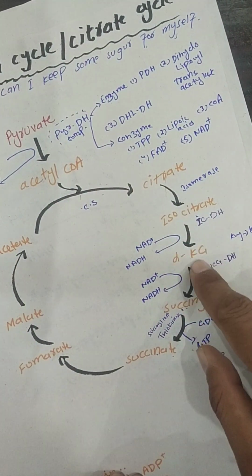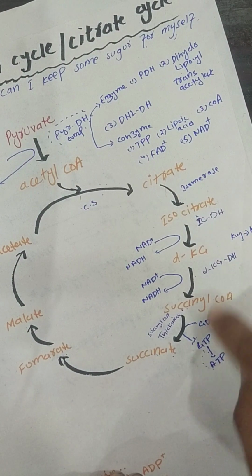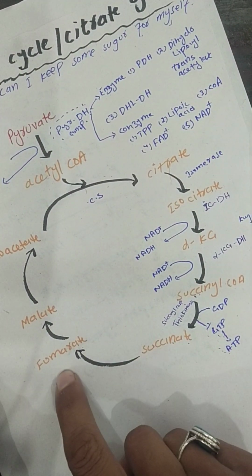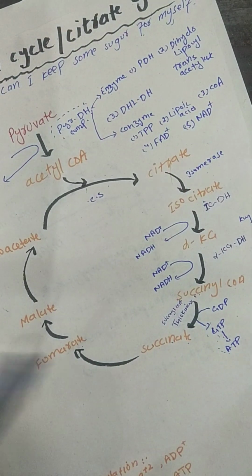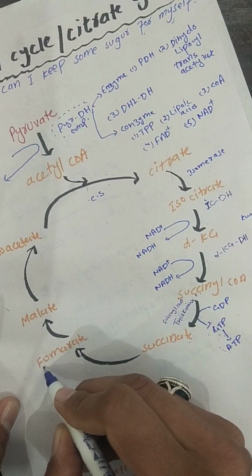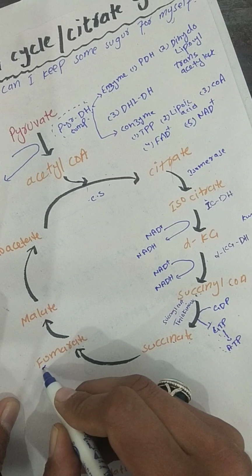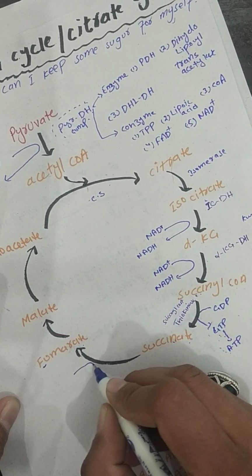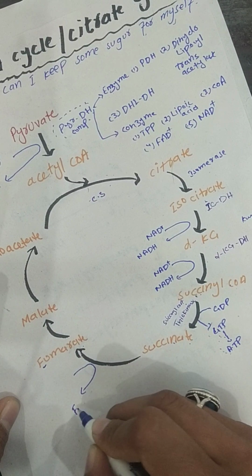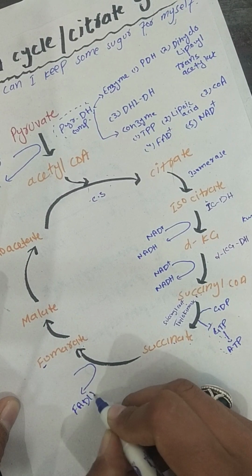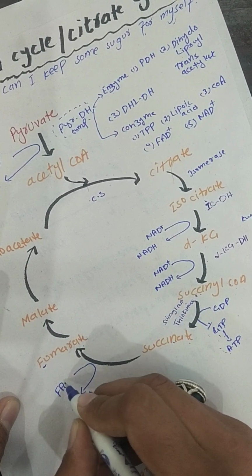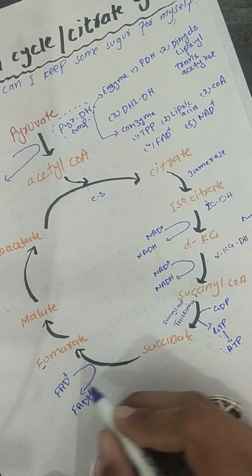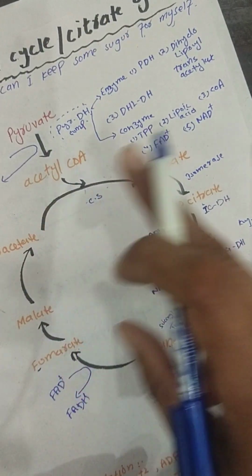Okay, so dehydrogenase, dehydrogenase, then we have thiokinase. And in the reaction where succinate is converted into fumarate, whenever you have fumarate, your mind can tell you that there should be production of FADH. F for fumarate and F for FADH. So here FADH is produced from FAD. It means hydrogen is added, so there should be a dehydrogenase enzyme, as I told you before.